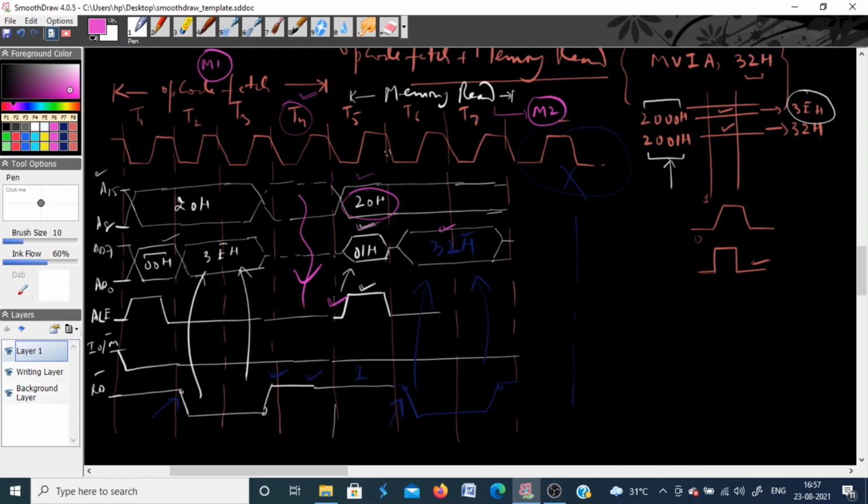So machine cycles are basically generated from the clock cycles. You have T states, which are nothing but the clock time period. One clock period is called one T state. When you combine many T states, they form a machine cycle.